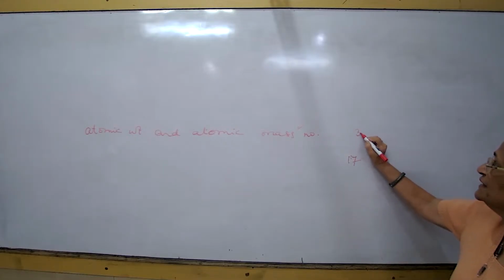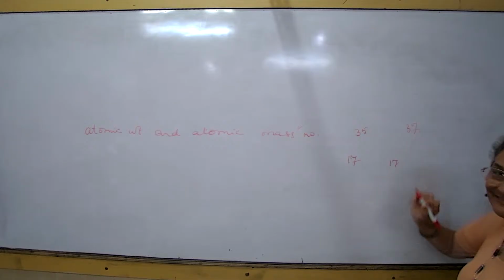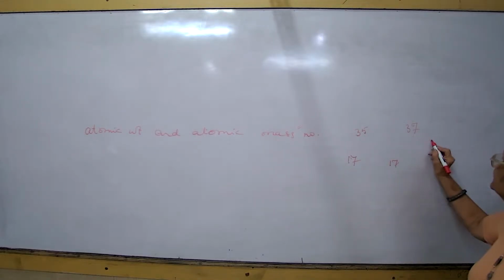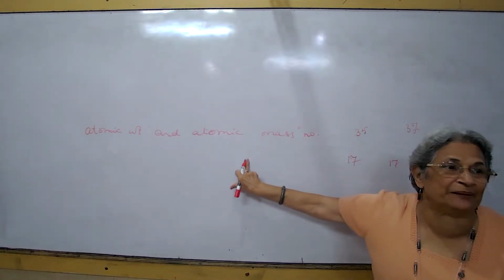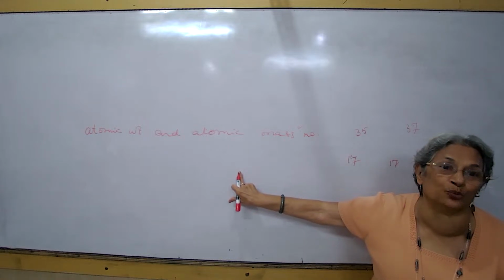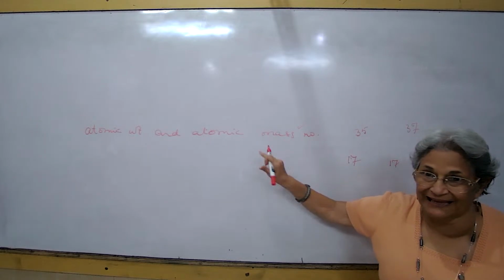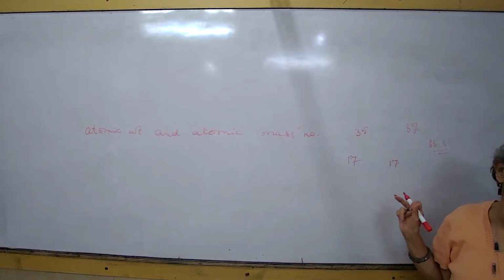But the atomic weight of one isotope is 35 and of the other is 37, correct? So in this case, atomic mass is 35.5. Atomic mass is applicable to isotopes, where atomic mass is the average of the weights of the isotopes.